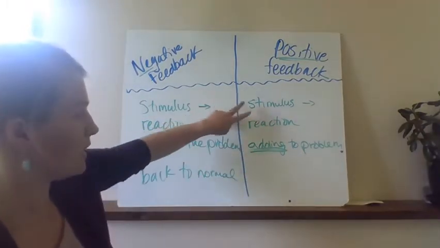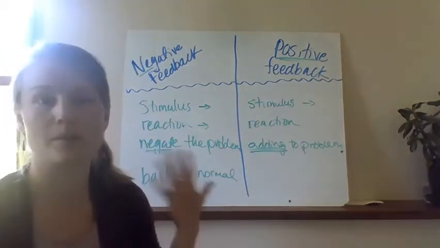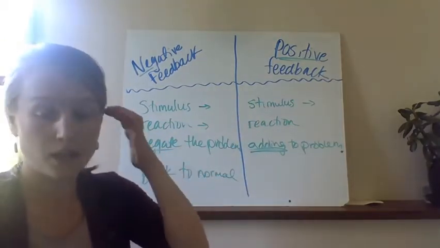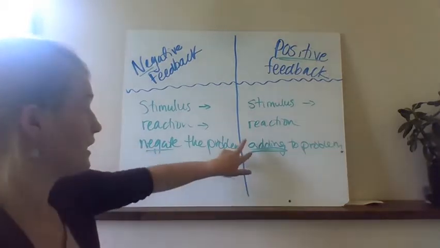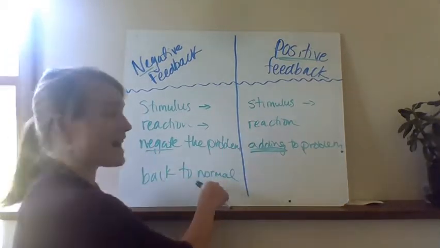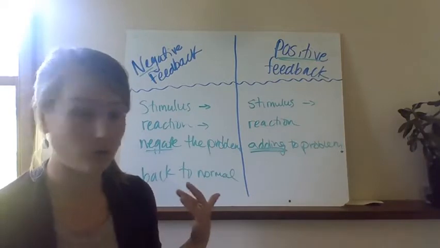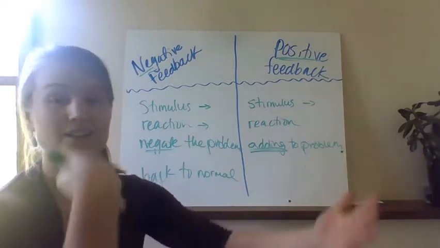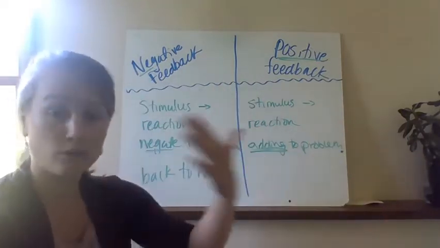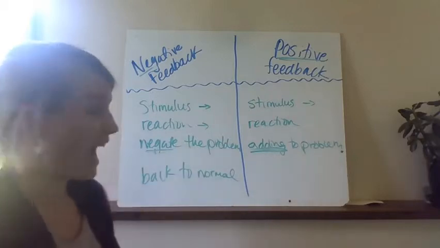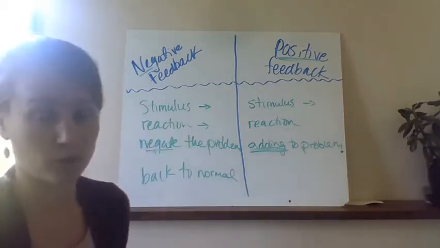So the moose comes in. The reaction is that the moose keeps asking for things and the boy keeps giving it to them. This is adding to the problem. And then instead of bringing it back to normal, it's just going to keep adding to the problem. So it starts kind of rolling out of control and getting further away from homeostasis.